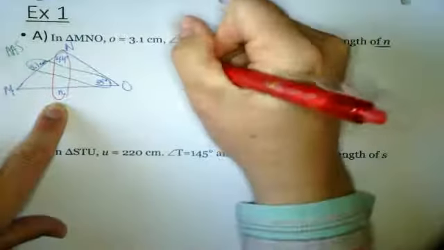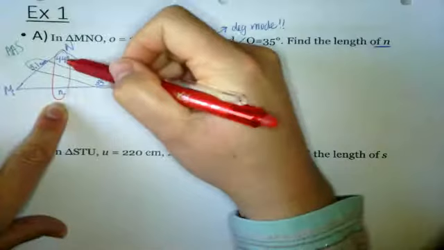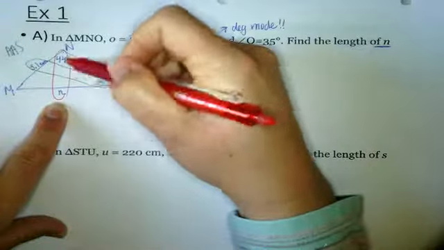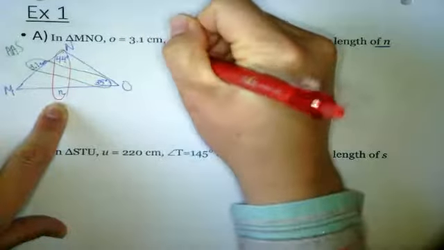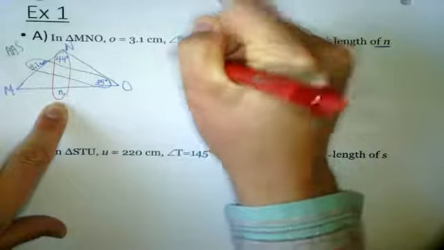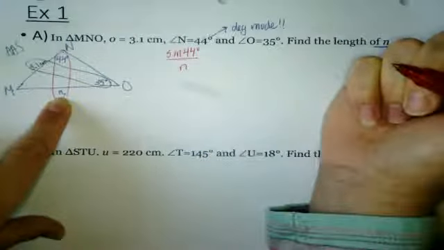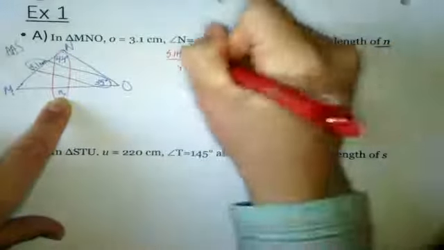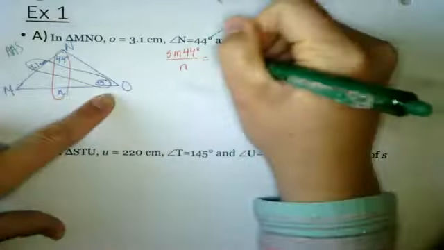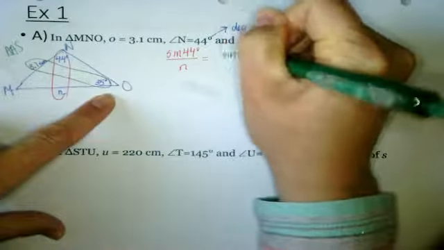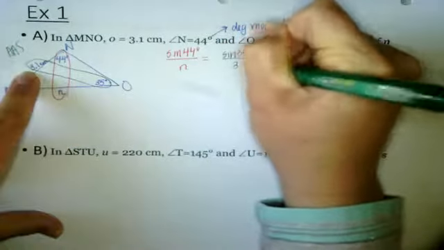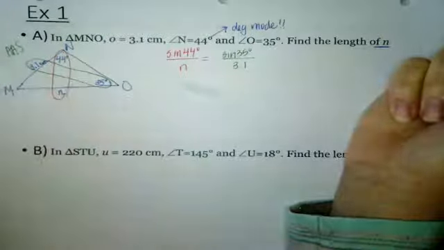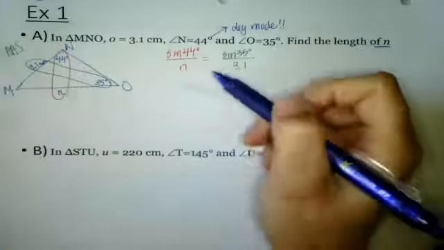And I'm going to go ahead and set this up. Sine of 44 degrees over the side n is equal to sine of the 35-degree angle over 3.1 centimeters. How do you solve this? This is the setup.